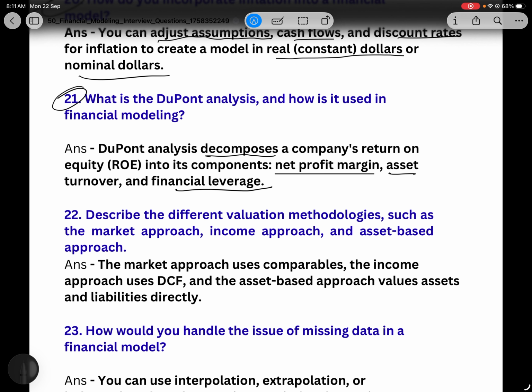It's a combination of these three things, and there is a formula for this. Based on that, we see how well a company is performing in terms of profit margin, asset turnover, and financial leverage. So it's mostly a holistic look at the company from a financial health perspective. Okay.